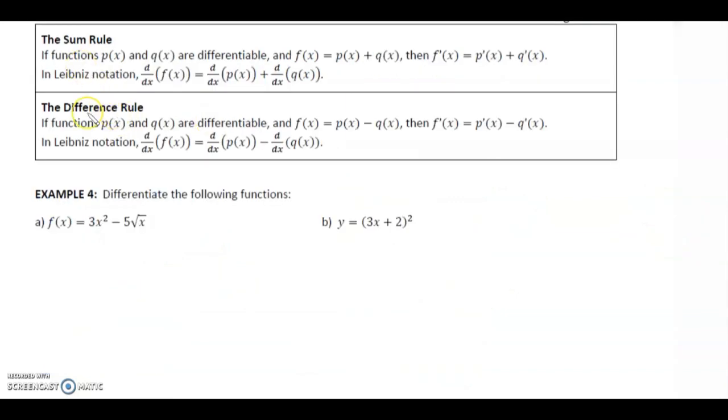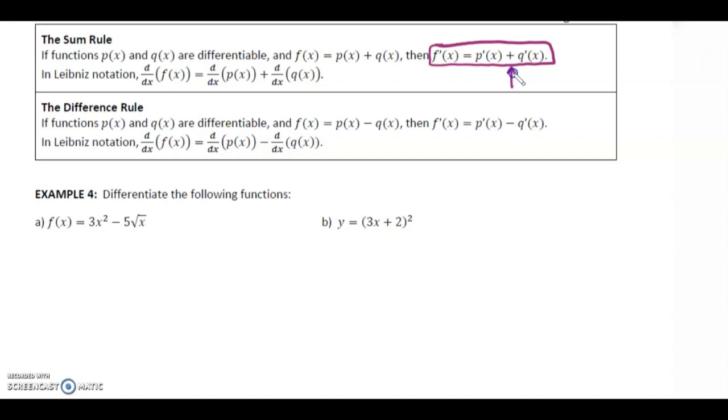Now the sum rule and the difference rule. So the sum rule: if functions p at x and q at x are differentiable, aka we can find the derivative of them, and f at x equals p at x plus q at x, then what ends up happening is f prime at x, so the derivative of f, is just going to be the derivative of p plus the derivative of q.